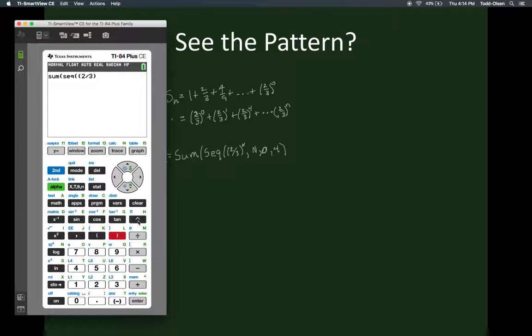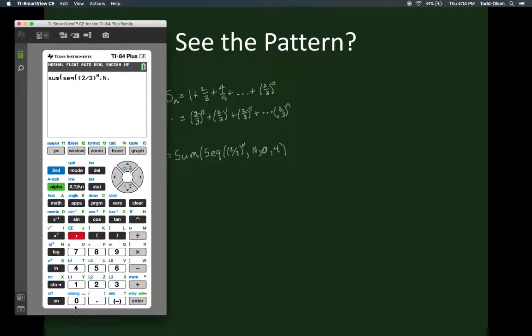This is the exponent key, the circumflex key. On my calculator, it pops up as an exponent. Your calculator may just put the symbol on the screen. Same thing either way. And this is alpha. n is going to be what's called the variable. And we'll go comma, alpha, n again.